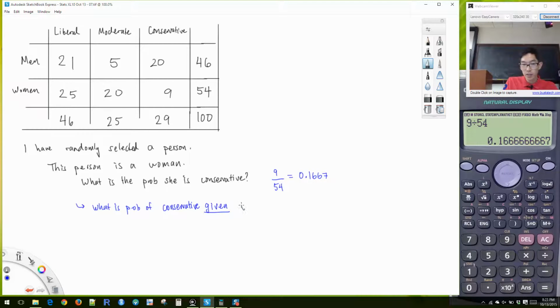Symbolically we write the probability that someone is conservative, and then, very important, I write a vertical bar, woman. So this means we know the person we selected is a woman, so we're down to this group of 54. What is the probability she's conservative? And this is going to be 9 out of 54, or 0.1667.